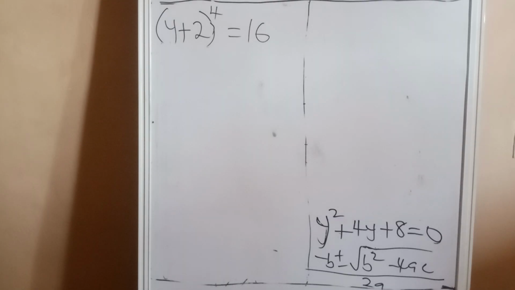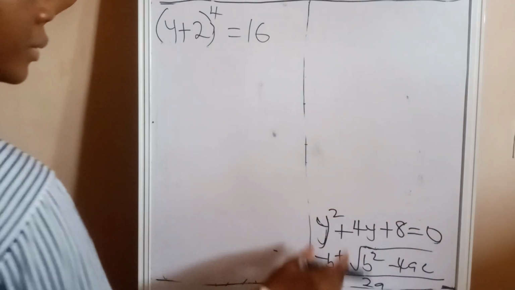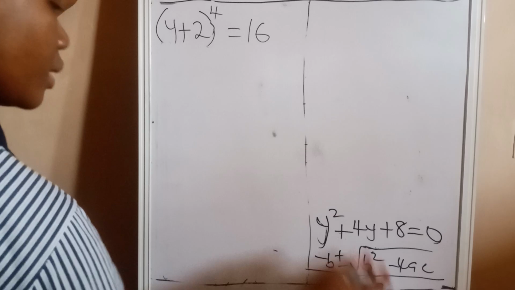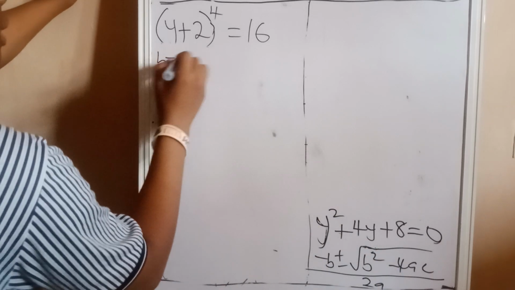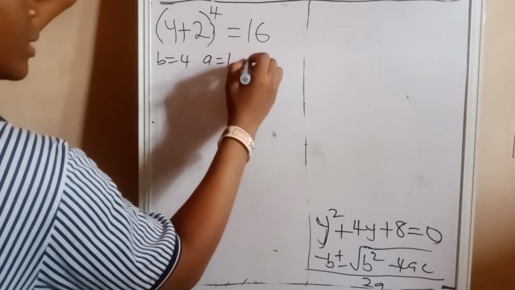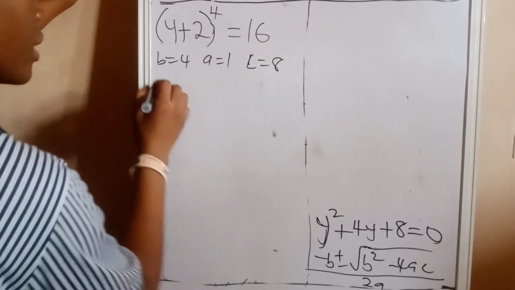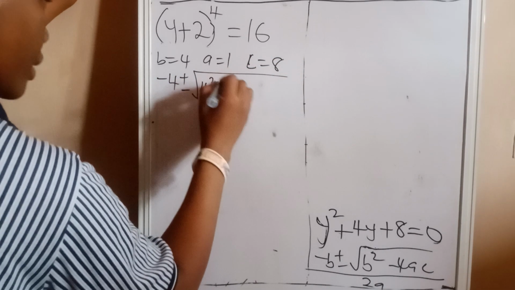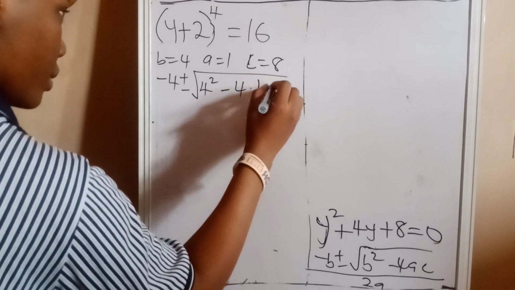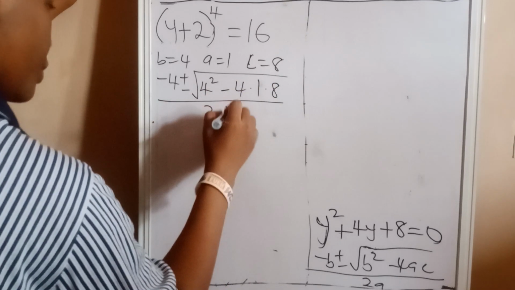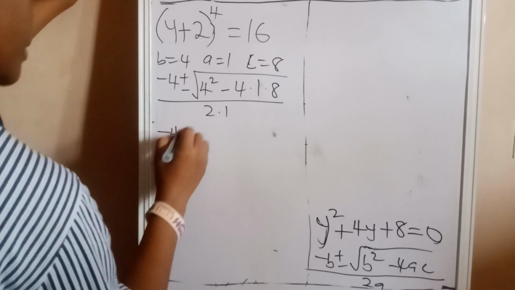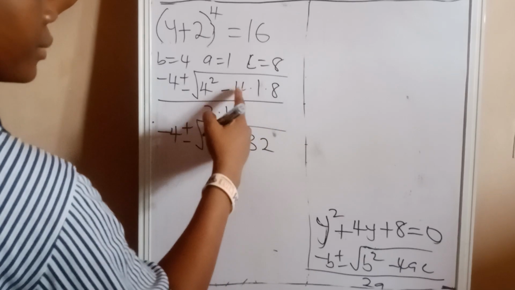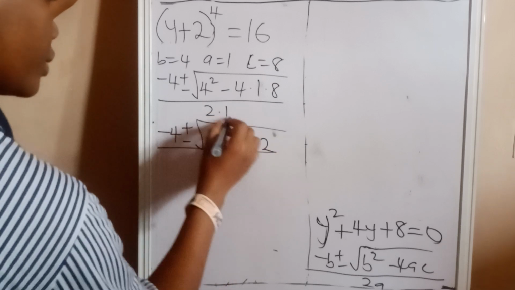Okay, so from here we're going to substitute the values of a, b, and c in this equation. Our b is 4, our a is 1, and our c is 8. So we have minus 4 plus or minus square root of 4 squared minus 4 times 1 times 8, all over 2 times 1. This gives us minus 4 plus or minus the square root of 16 minus 32, all over 2 times 1.